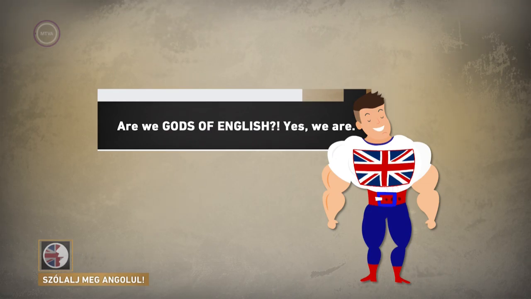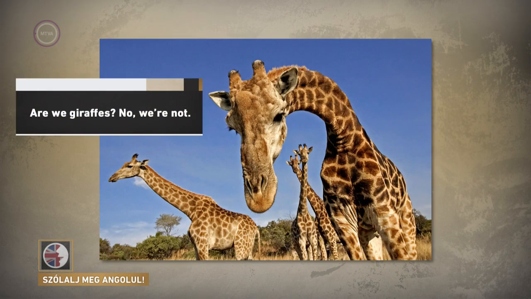Are we gods of English? Yes, we are. Are we giraffes? No, we're not. Great. So, the time is now right for us to meet the past simple form of the verb to be. Hang on to your hats.